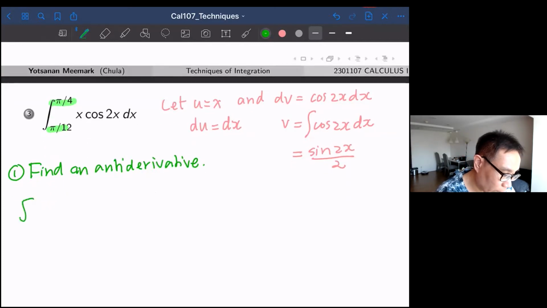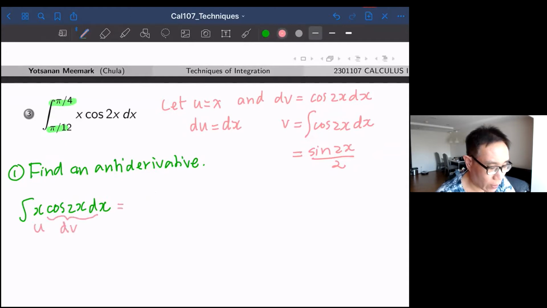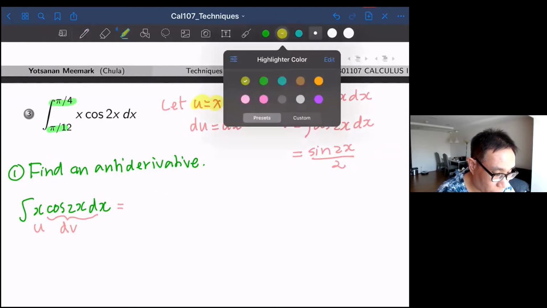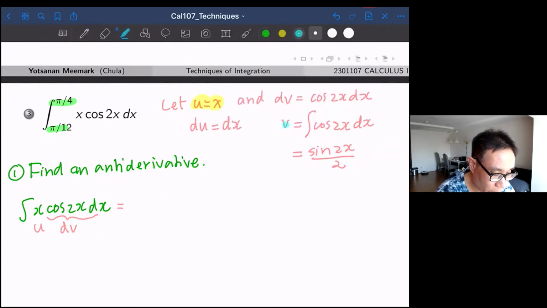You have x cos 2x dx. This is going to be u together with dv, so it becomes uv. I'm going to use my yellow color for uv.